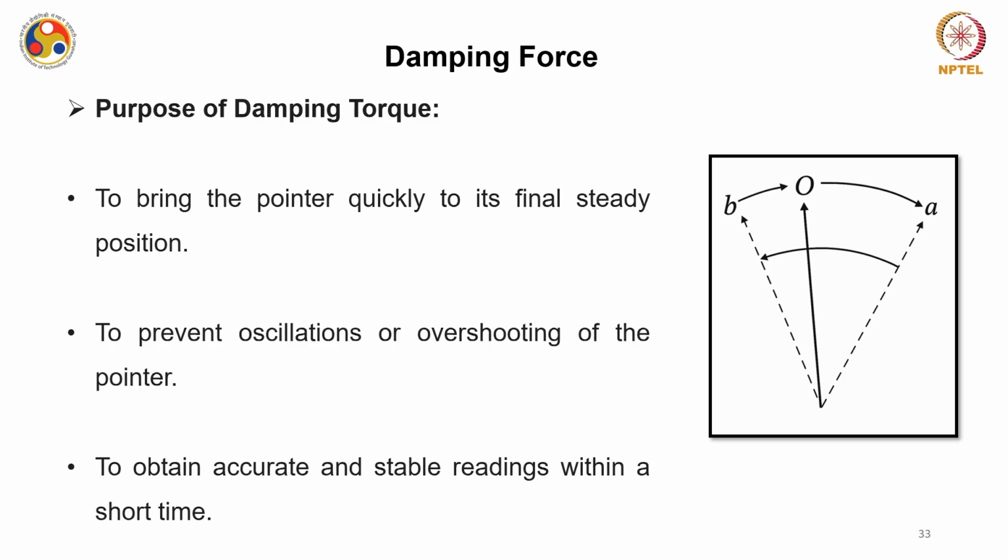With this, I think the requirement of the three torques is very clear to you. We have discussed the deflecting torque, which is essential for the pointer's movement. We have also seen the controlling torque, which is required to stop the pointer at the steady state position.